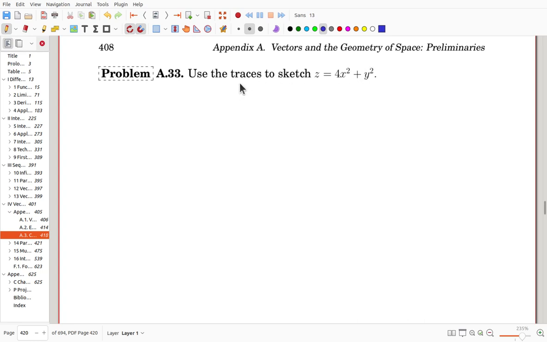Okay, if y equals 0, then on the xz plane, we have the equation of a parabola, z equal 4x squared. Once y equals 1 or minus 1, then z equals 4x squared plus 1.